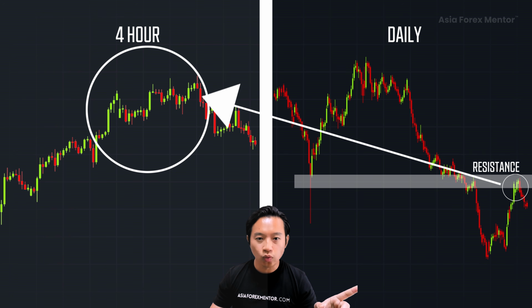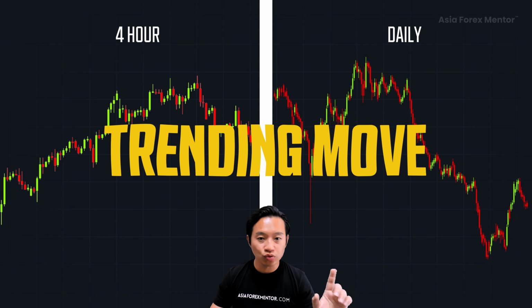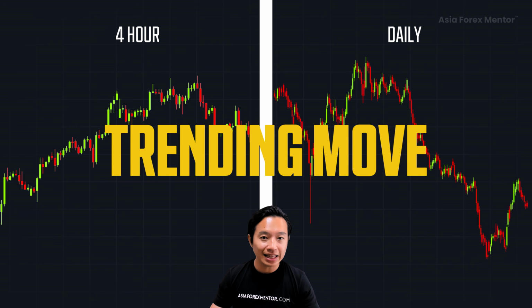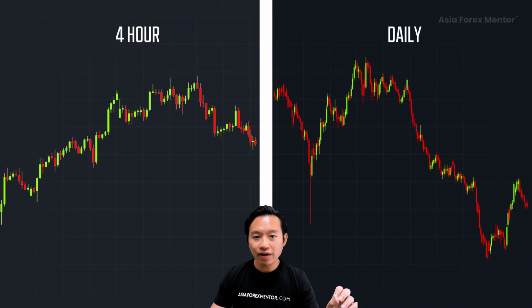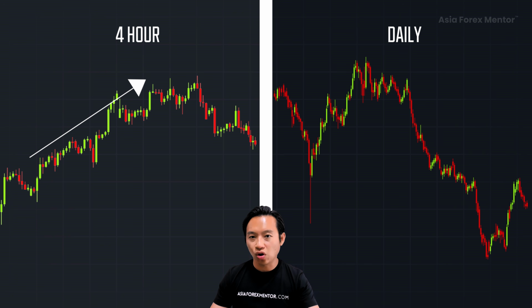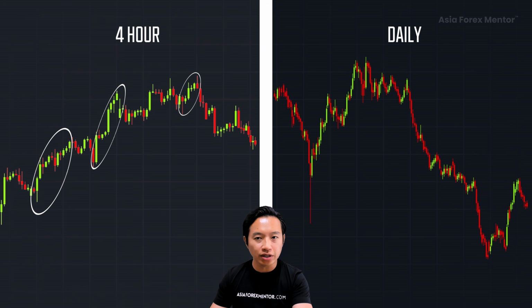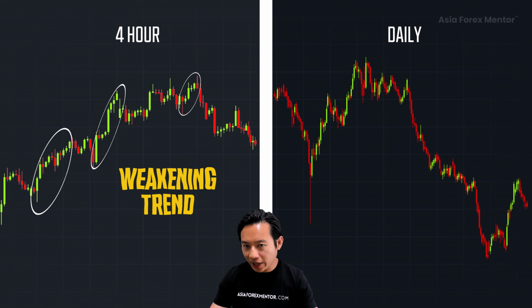Next, we look at the trending move to see if it's getting smaller. If you focus on this part, you will notice the trend starts with strong bullish candles, but as it continues, the candles get smaller and smaller, showing a weakening trend.